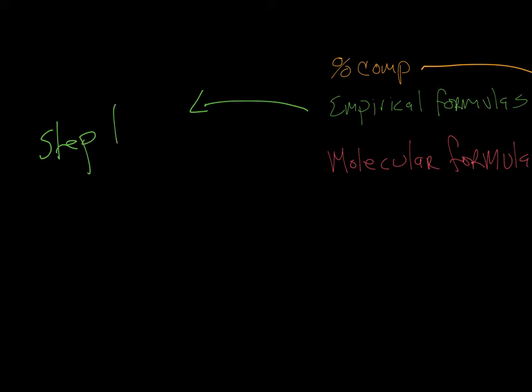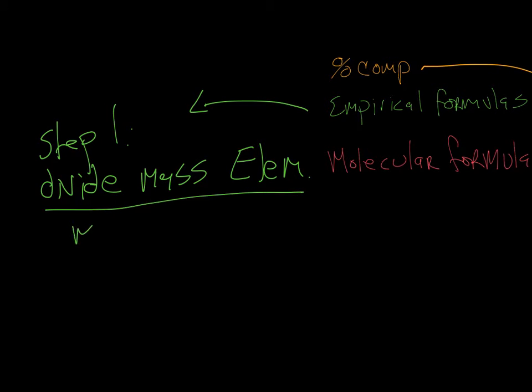Step 1, you're going to divide the mass of the element in the problem by the mass on the periodic table. Okay, that's going to tell you the number of moles that you have. Now, we haven't talked about moles, but that's what it is.